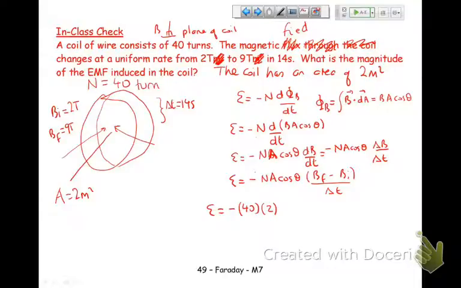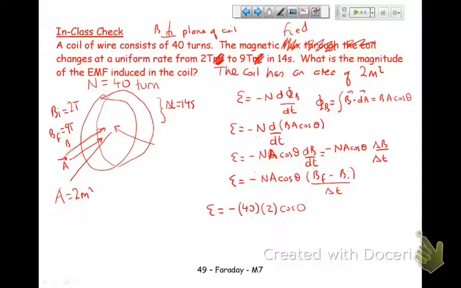So then this is that times that times that, and then this is cosine theta. So this would be cosine of 0, because my A vector is parallel to my B vector. So that's cosine 0. Parallel, I meant parallel. It's perpendicular to the plane of the coil, and the vectors are parallel to each other. That's what I meant.